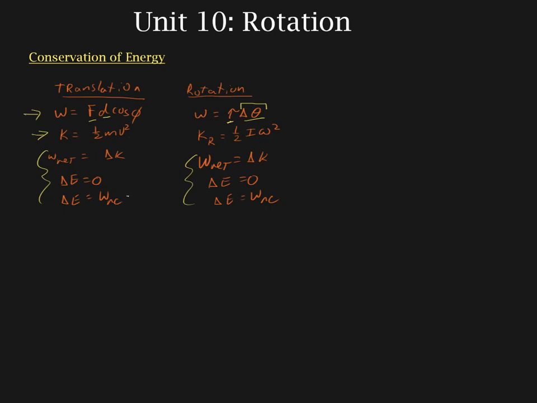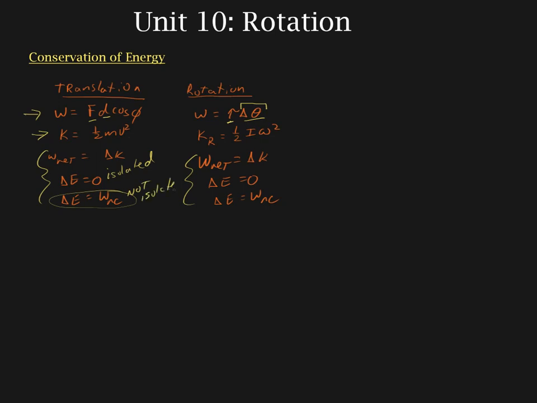This is a more universal form of conservation because it will include work which is done by friction or possibly work which is done by a thrust force. But the big idea between these, the differences you must recall, is that for delta E to be equal to 0, the system must be isolated. And when delta E is equal to W_NC, it is not isolated.